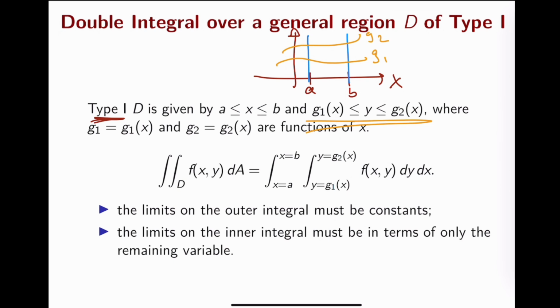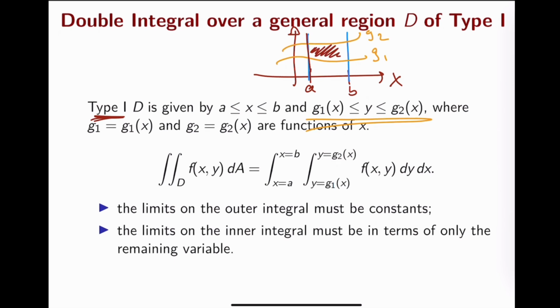So we have a domain defined where x varies between two constant values and y varies between two functions, and these functions depend on the other variable. So in those cases, the double integral over this region is going to be calculated in this way.